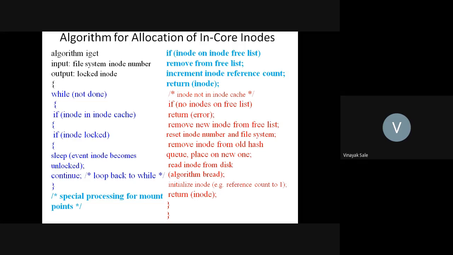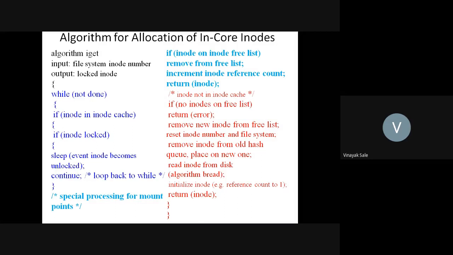See here, this is the same as scenario 3 which we have seen in buffer allocation, in the getblk algorithm. Whenever the kernel searches for a particular inode number and it does not exist on that hash queue, the kernel takes a free inode from the free list, assigns the particular number, and places it at the proper place.